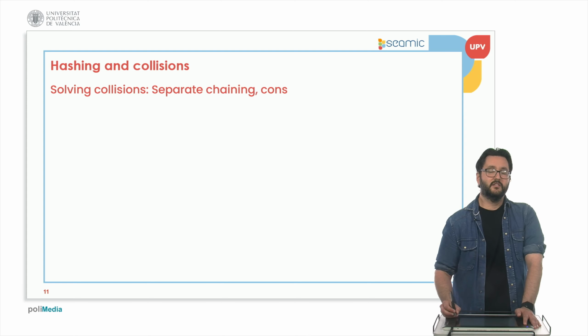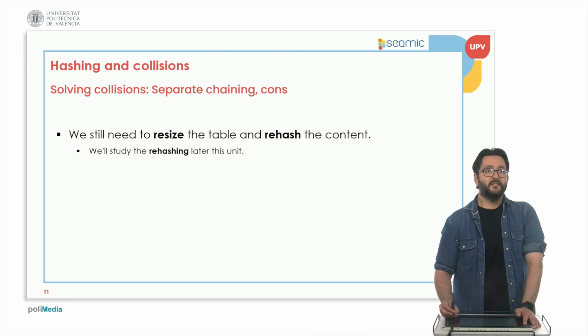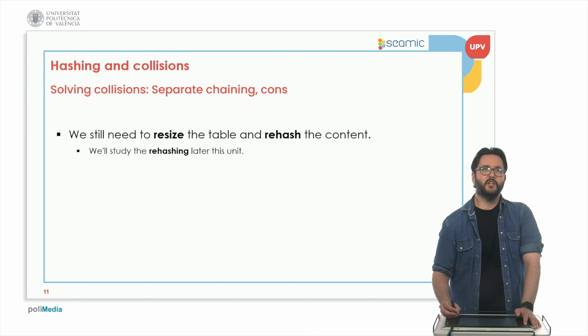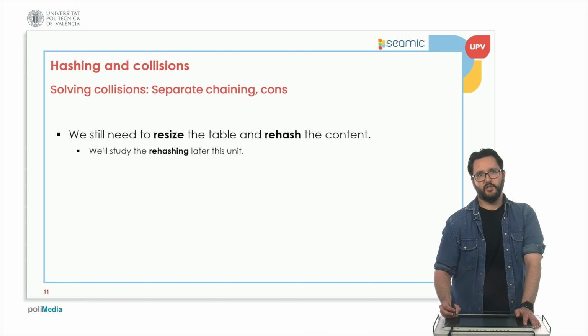This strategy also has some disadvantages. We still need to resize. We have more room, but eventually the table will be full of elements, and we need to resize and rehash as well. We will talk about this later.